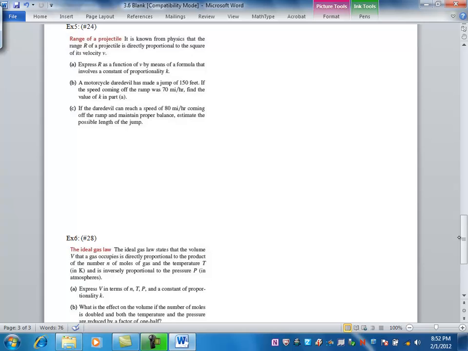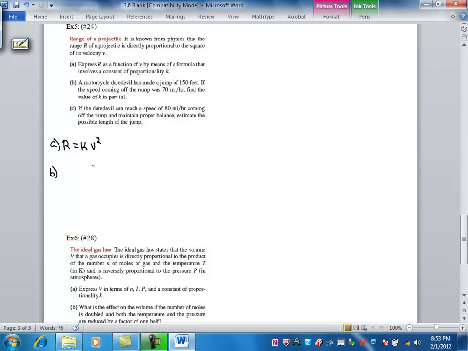It is known from physics that the range R of a projectile is directly proportional, equals K, to the square of the velocity V. So there's my equation. Now for part B, it says a motorcycle daredevil has made a jump of 150 feet.